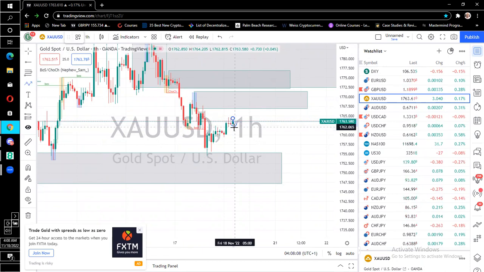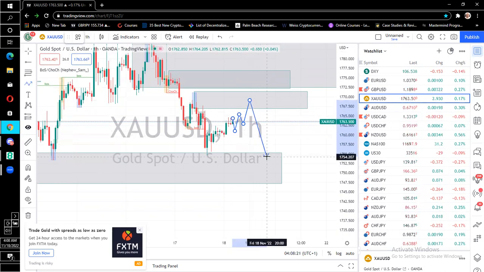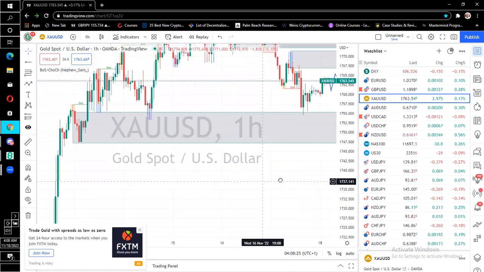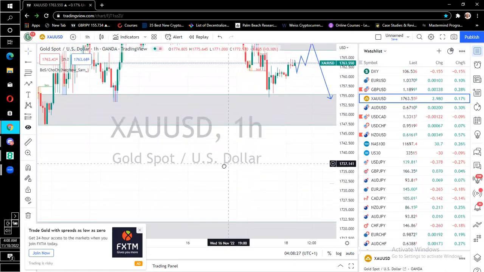I would like to see something like this happen back to this level. Then find its way to this place and possibly come down. This is what I'll be expecting to see for now.